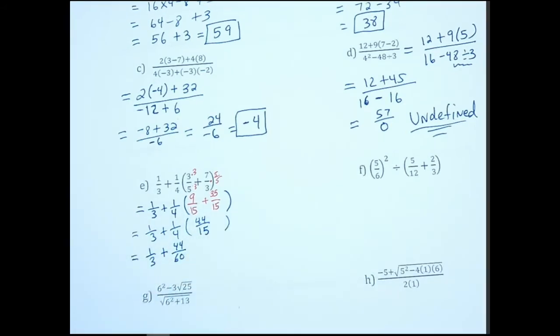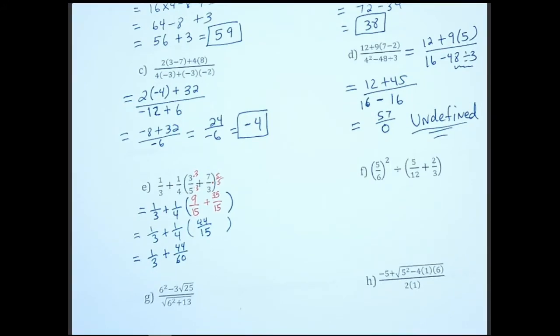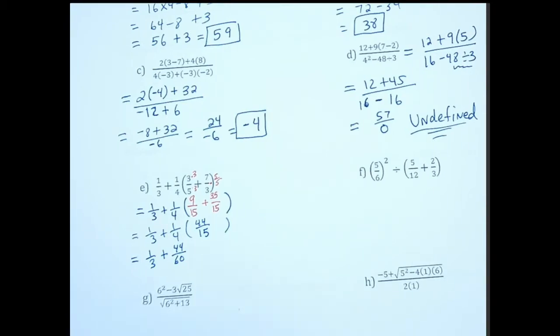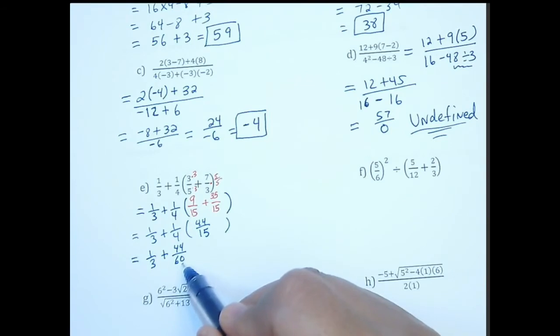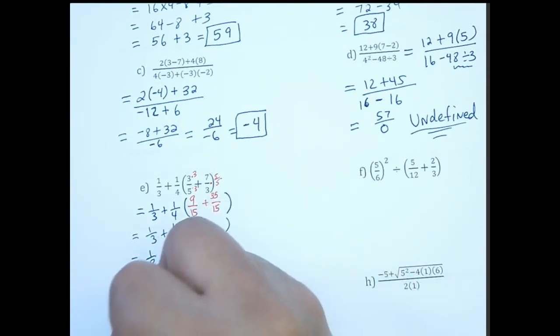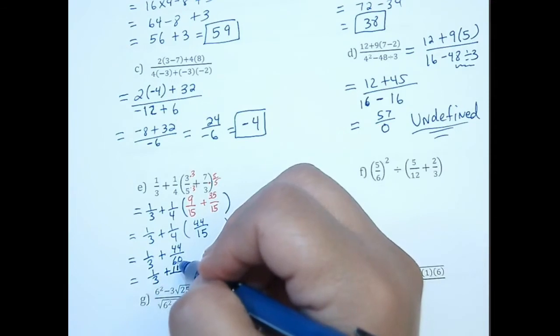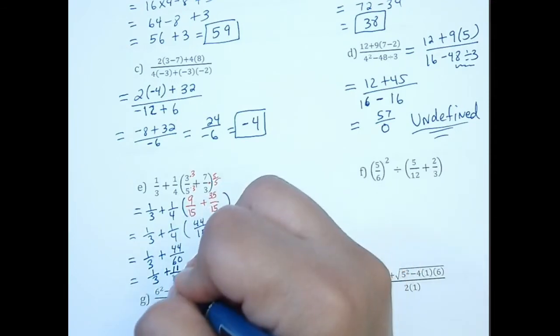And again, we need a common denominator. You can simplify if you prefer to simplify. You can simplify the fraction 44 divided by 60. If we divide by 4 on each one, then this would become 11 over 15.